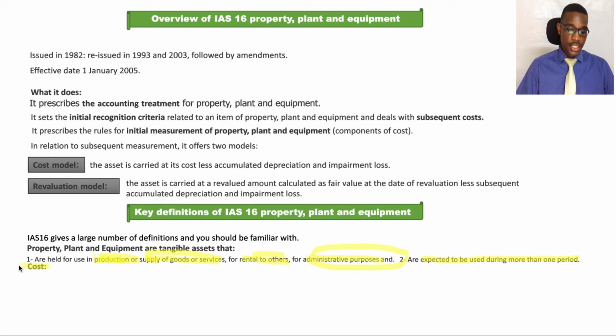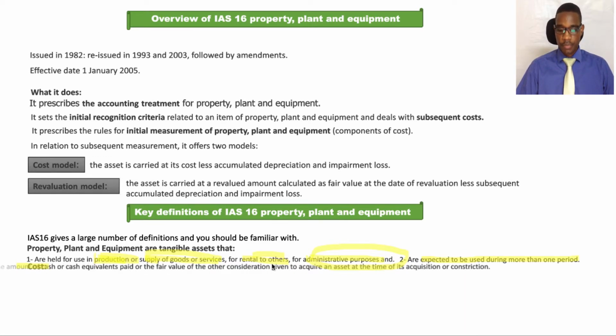The second key definition is the cost. What does the cost of the property, plant, equipment mean? Well, the cost is the amount of cash or cash equivalent paid or the fair value of the other consideration given to acquire the asset at the time of its acquisition or construction.